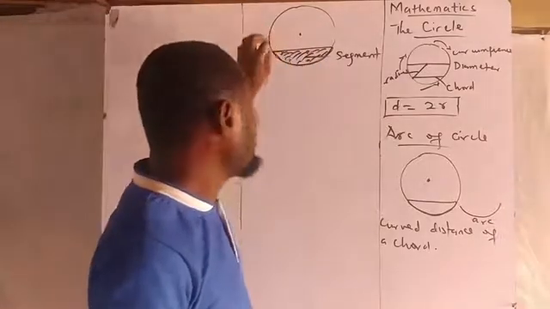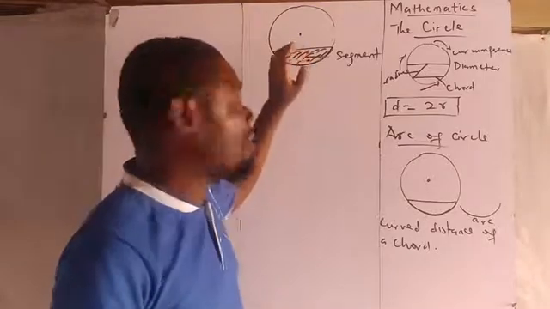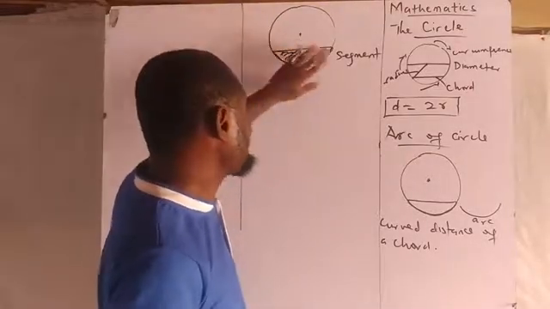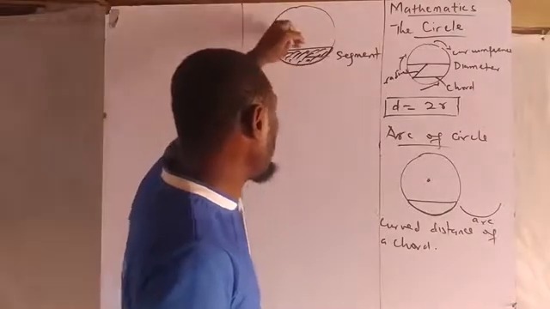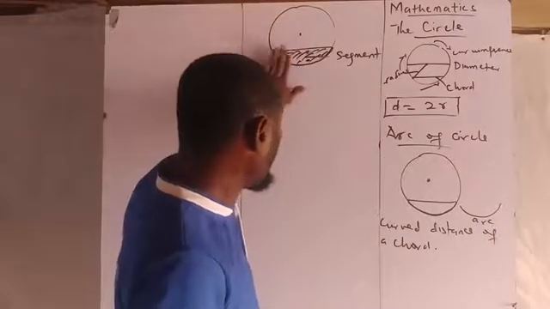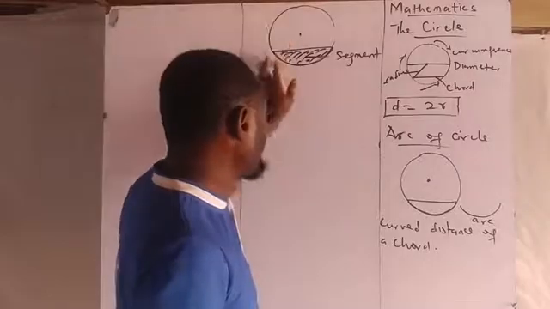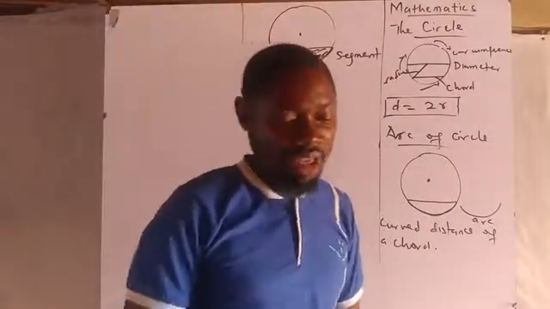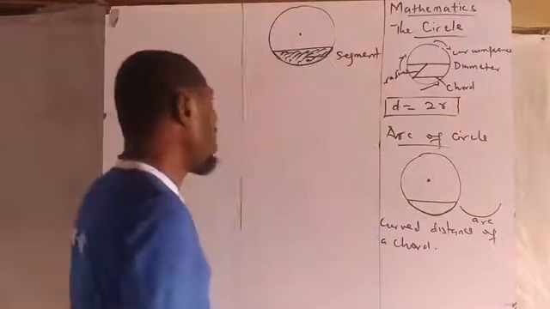The combination of the chord and the arc is called the segment of a circle.